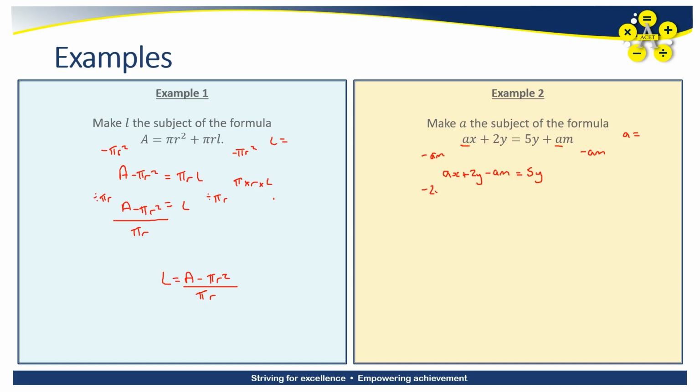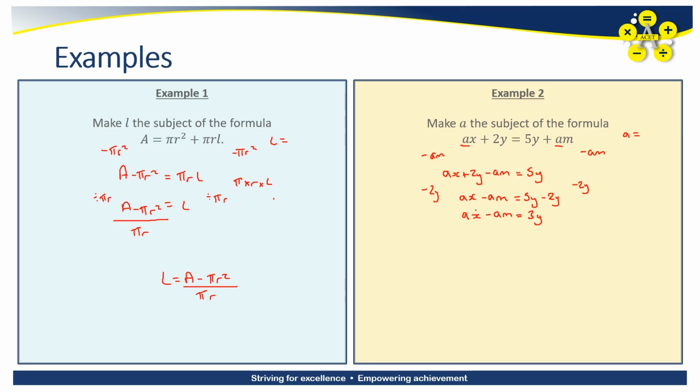I'm going to take away 2y from both sides, and if I do that, I get AX minus AM equals 5y minus 2y, and I can tidy that up. So AX minus AM equals 3y.